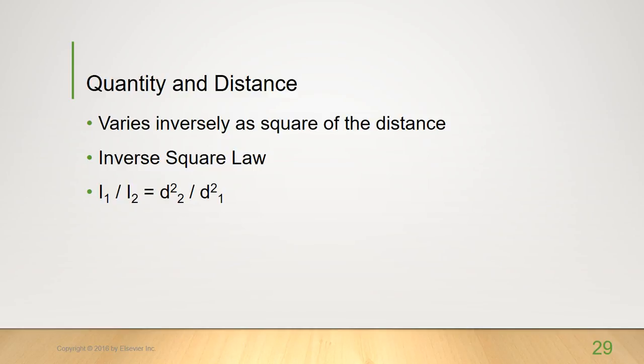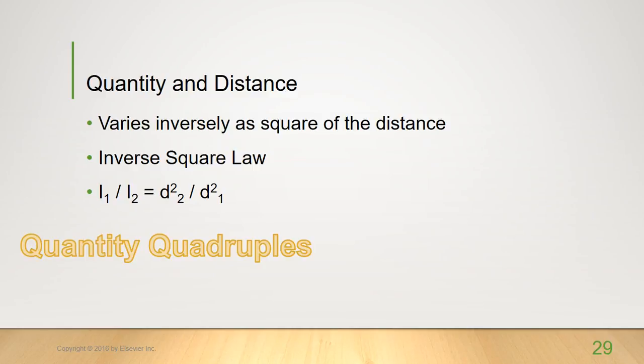So here's the actual formula right here: intensity beginning divided by intensity ending is equal to the end distance squared over the beginning distance squared. That's hard to put here, but when you see the actual formula, you're probably going to be working out some of these problems, okay? So you need to know how to do that.